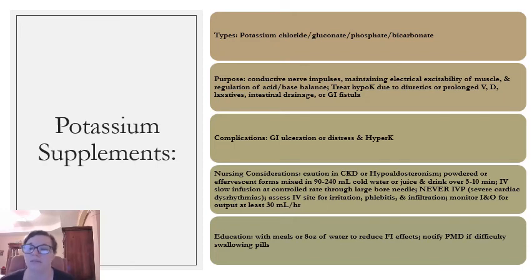The electrolyte changes that happen directly at the IV site can be very irritating to the site, can cause thrombophlebitis very quickly, very easily, and usually this is diluted a lot in something like D5W. And so you need to assess your IV site for irritation, phlebitis, and infiltration frequently during that infusion.